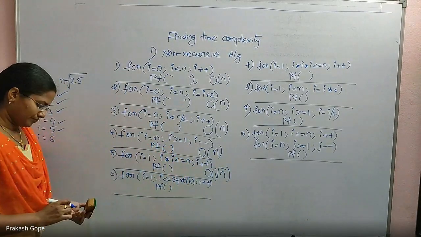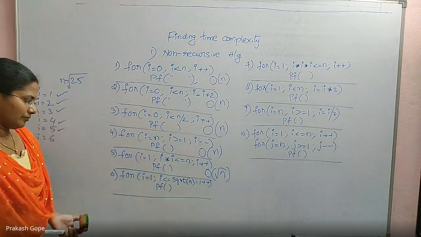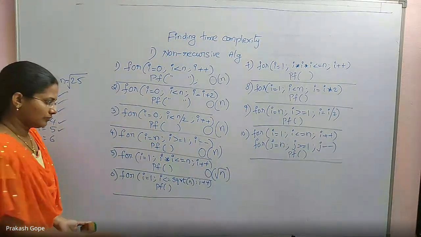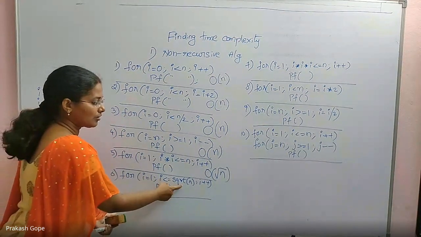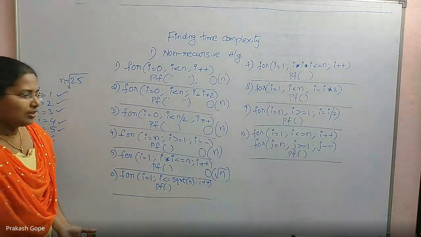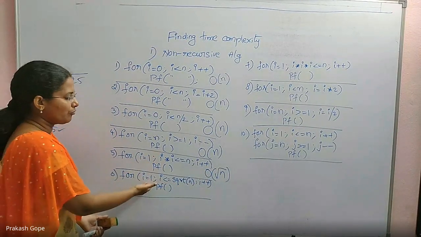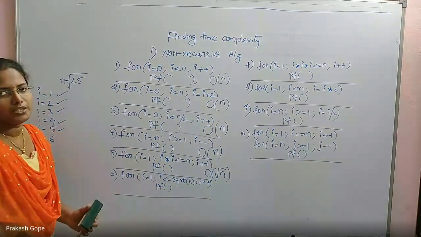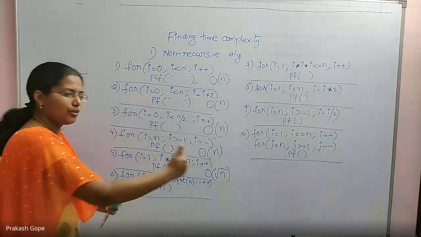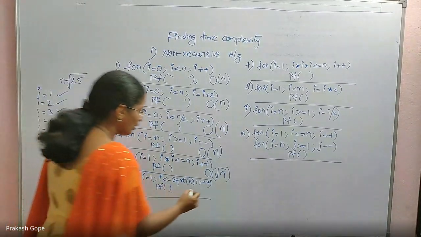Okay, next one. I equal to 1, I less than or equal to square root of n, I plus plus. This is the indirect way of writing, and this is the direct way of writing. I am going from 1 to square root of n with 1, 1, 1 increment. 1, 2, 3, 4 up to square root of n only. So how many times am I executing the loop? Only root n times.